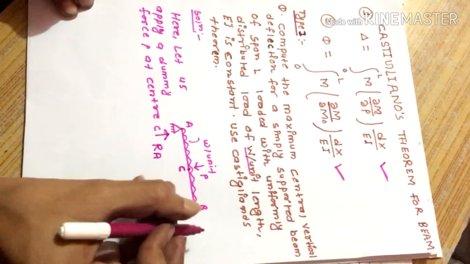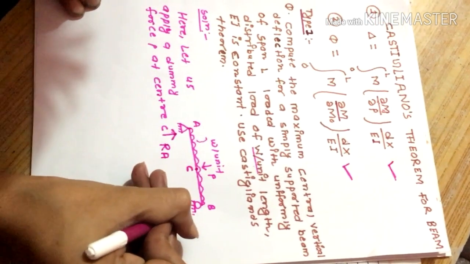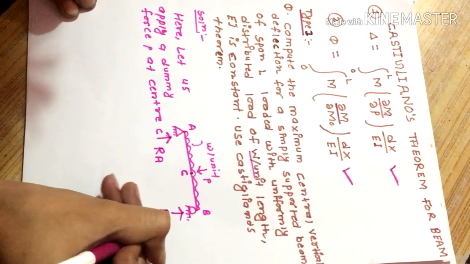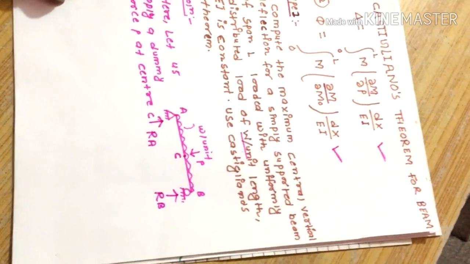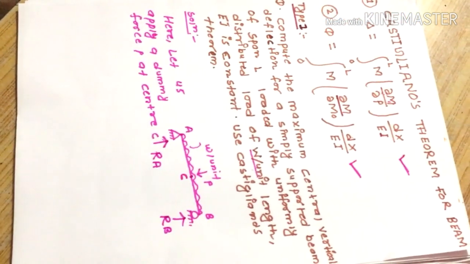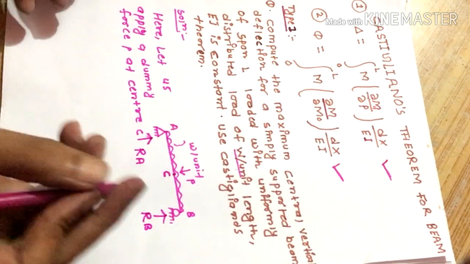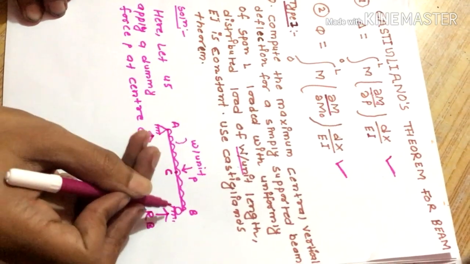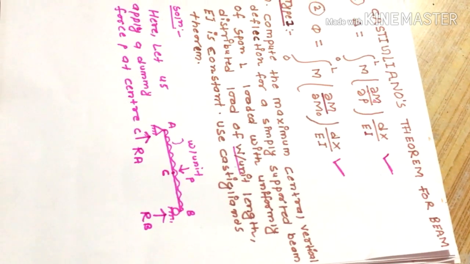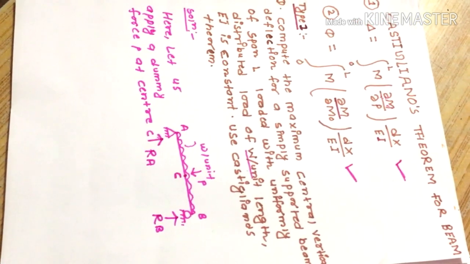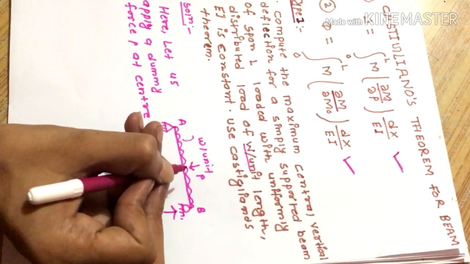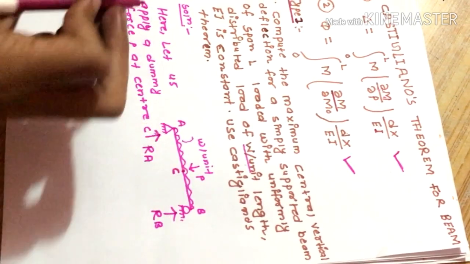Also, this is a roller support, and at a roller support one reaction acts; let RB be the vertical reaction acting at B. Now to calculate the reactions at A and B, the P force is acting at the middle, so this force is distributed equally on both supports.